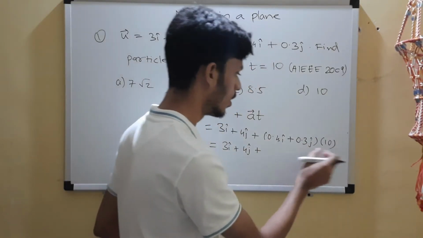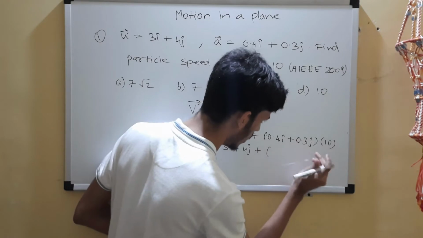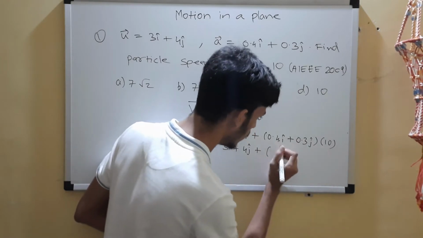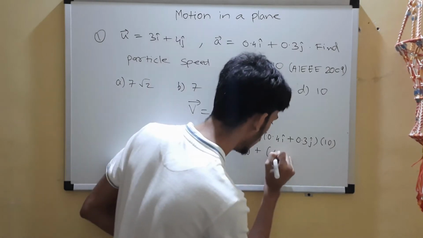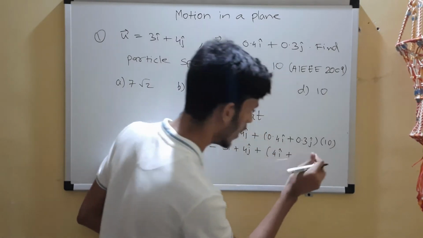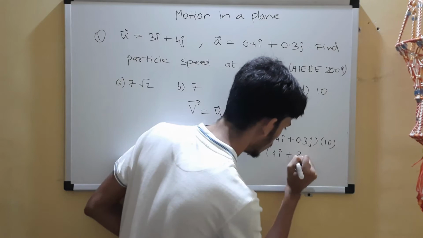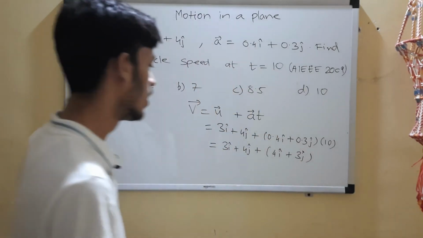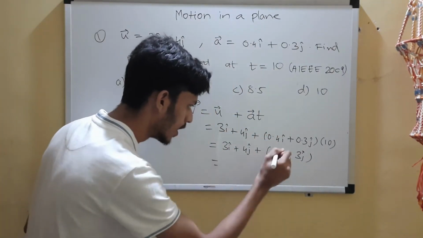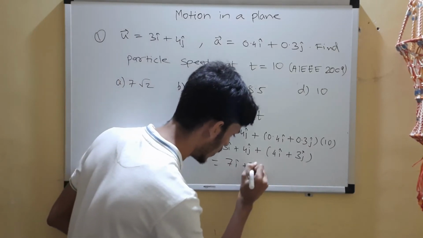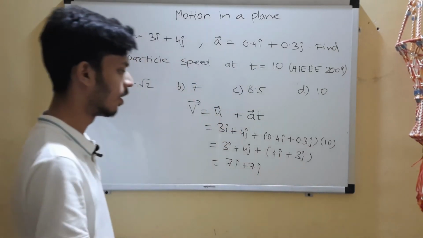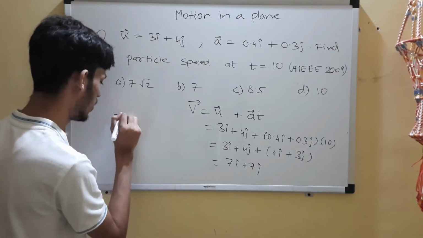Multiply it to each of the coefficients of the components. So multiplying 0.4 will give you 4 i cap, and 0.3 into 10 will give you 3 j cap. Okay, so you just have to add: 3 plus 4 is 7, 4 plus 3 is 7. So 7 i cap plus 7 j cap. Now the job is not done, you have to find the magnitude.